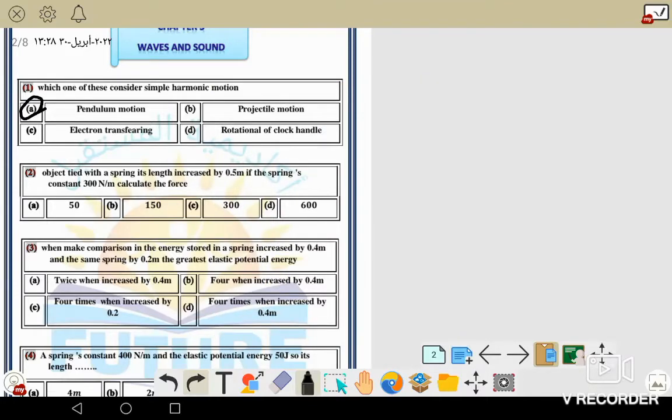An object is tied with a spring, its length increased by 0.5 meter. If the spring constant is 300 Newton per meter, calculate the force.